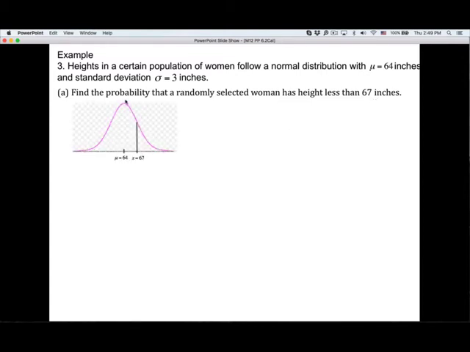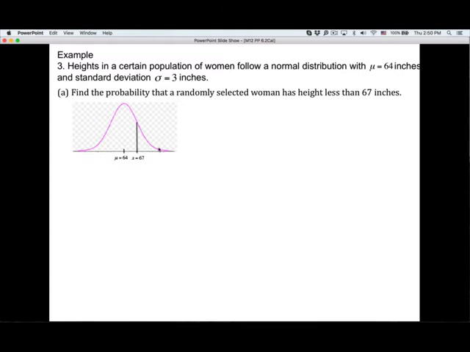So we have the picture like here, normal distribution with the mean in the middle, x equal to 67 inch. And again, they want to find the probability, meaning they are looking for the area. Okay, think about it. Which part of the area are we looking for? Are we looking for the area to the left, or the area to the right?